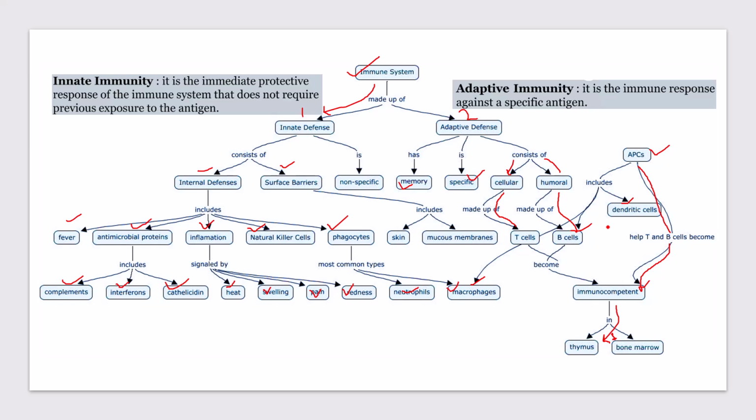Fine. And then the B cell gets activated because of that. Fine. So this is how helper T cell and B cell become immunocompetent, and this whole process goes on in the bloodstream. So this is the simplest concept map which you can learn.